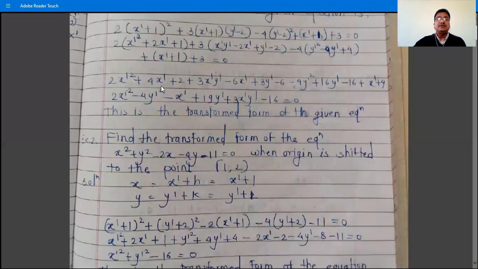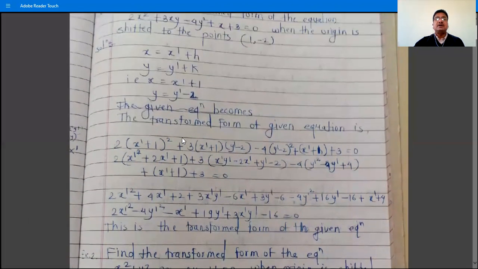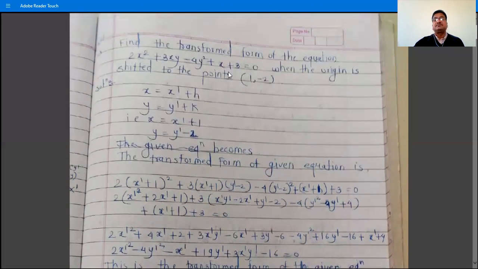So we have 2X'² plus 4X', by multiplying 2, by multiplying 3, by multiplying 4, we have these terms. And the addition and subtraction of these terms gives 2X'² − 4Y'² − X' + 19Y' + 3X'Y' − 16 = 0. This is the transformed form of the given equation, or the new form of this equation.